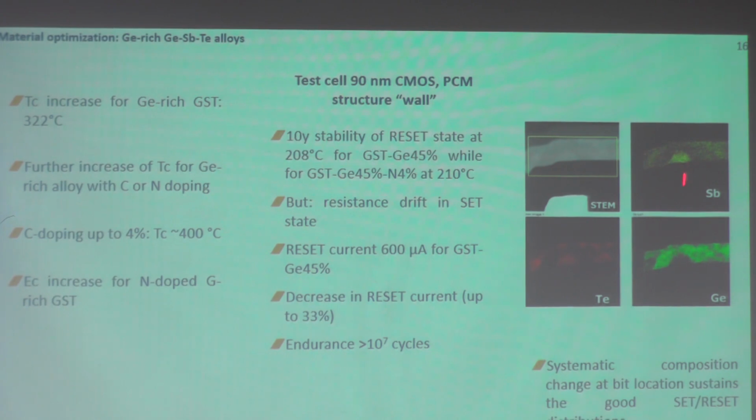If you compare here, this is a lot of germanium, here is less, and this is also an antimony telluride phase without some germanium. So there is phase separation here, but nevertheless such devices can be operated up to 10 to the 7 cycles.